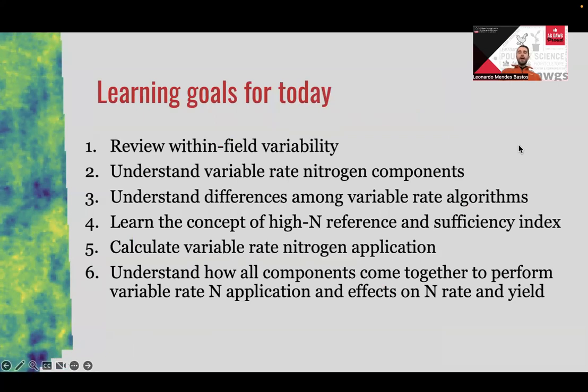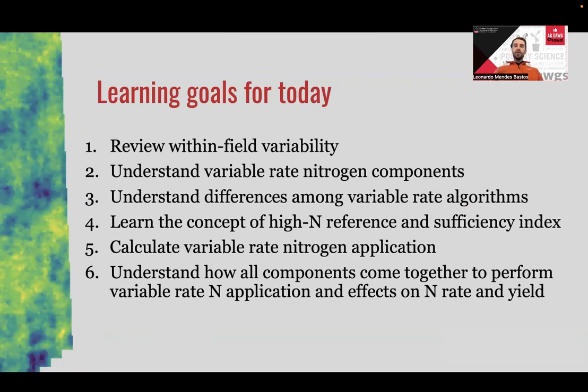For today, here's what we're going to cover. We'll review within-field variability and understand the different components of variable rate nitrogen management. We'll understand the differences between variable rate algorithms, how we use them, and how we choose which one we need.